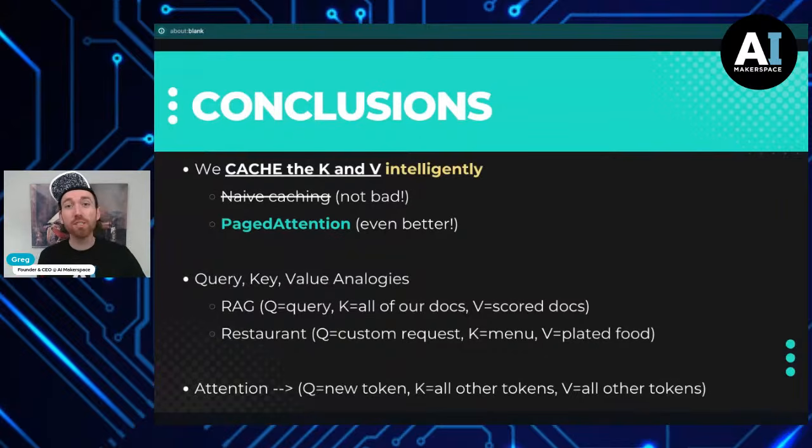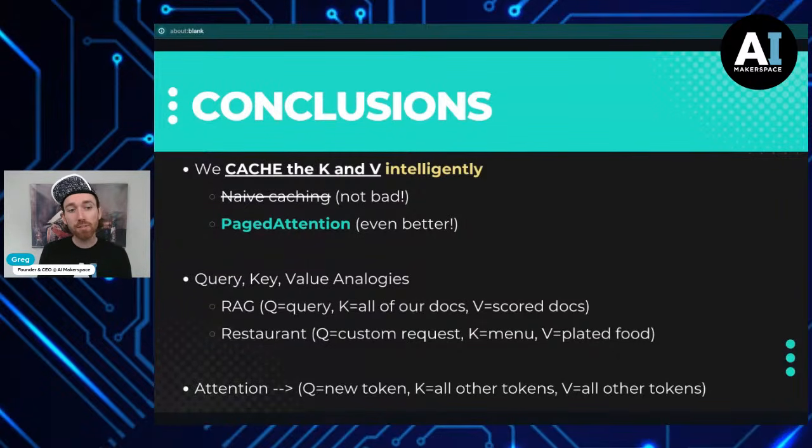Next level is doing it intelligently, and that's where PagedAttention comes in. More and more of this stuff we're going to continue to see as architectures stand the test of time. How to optimize and deal with them is going to continue to be a huge area for research, for development, and hopefully for startups too. So watch the vLLM guys for sure.